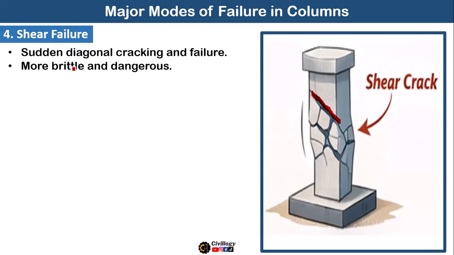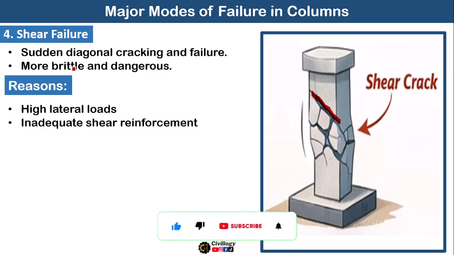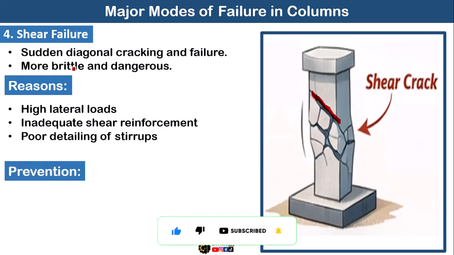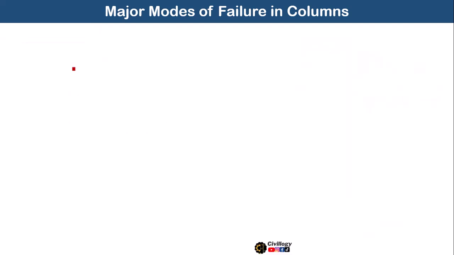Okay, there is no time to evacuate the building, it occurs suddenly. Reasons. What are the reasons? High lateral loads, inadequate shear reinforcement, poor detailing of stirrups. What are the preventions of this failure? Provide sufficient transverse reinforcement, follow code specified stirrup spacing, proper detailing at joints.